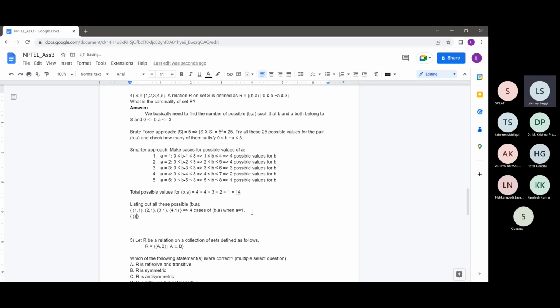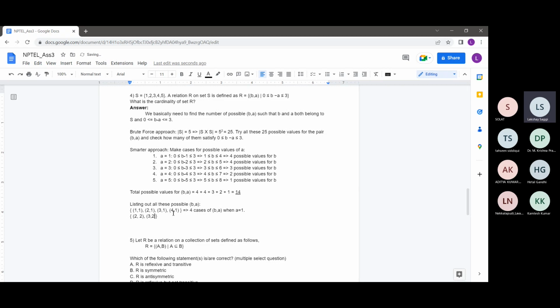So when A is 2, B can take the values, as we have found out, from 2 to 5. So B will take 2, where A is already 2. B can take 3 and A is 2 as we have defined. Similarly, B can take the value 4, A is 2, and B can take the value 5 and A is 2. So these will be the 4 cases of B comma A when A is 2.